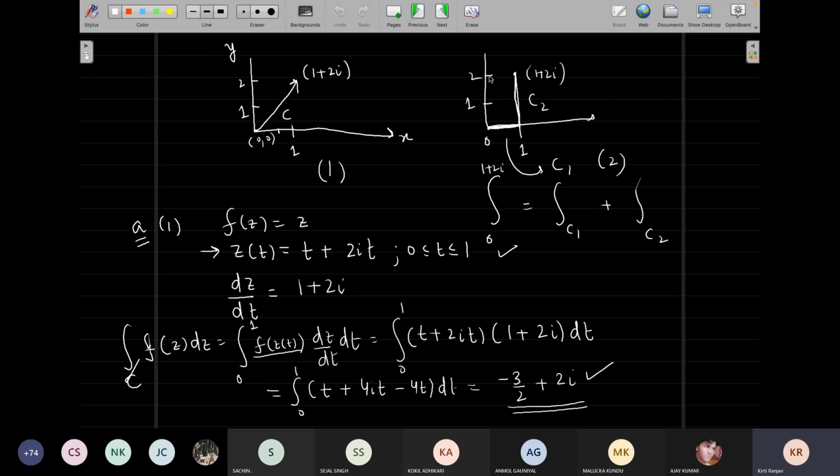We got the result that both came out to be the same. So the path integral of f(z) from 0,0 to 1 plus 2i, independent of the path taken, gives you the identical result.